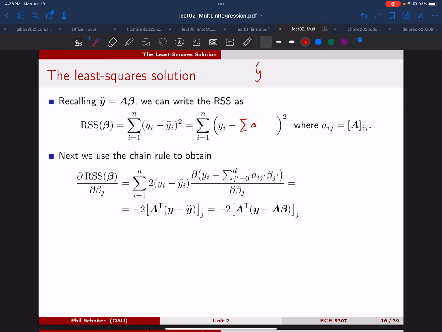So in order to write this in terms of scalar beta, we have to go back to our equation. If you remember, our equation in terms of the vectors was y hat is matrix A times vector beta. And so that means if you look at the ith coordinate, you get y hat i is the sum over j of a_ij beta j. And that is the equation we need to plug in here. I'll be more specific, so j is going from 0 to d, and we have a_ij beta j.